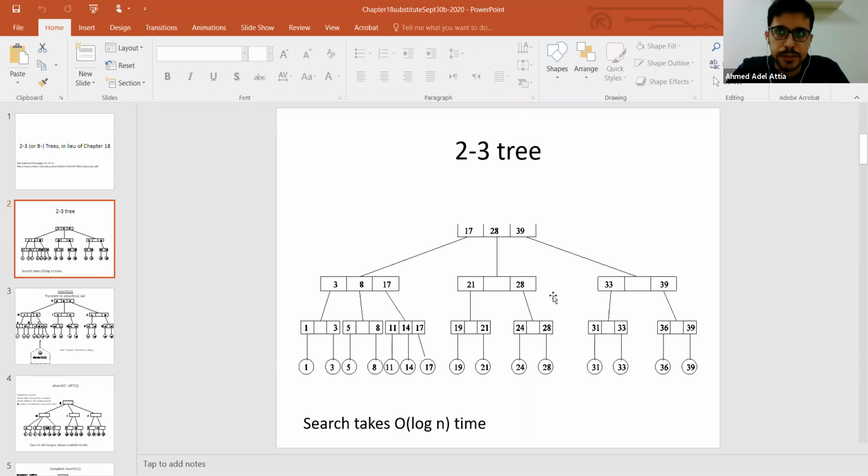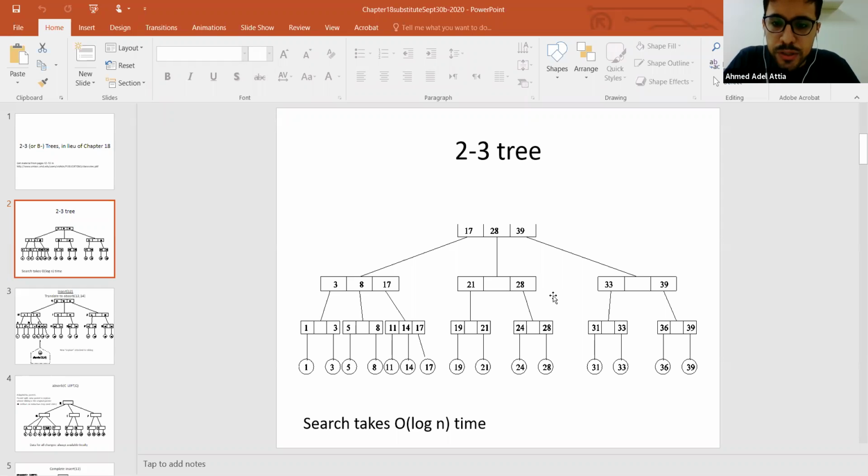But I can't see how, if all the paths from the root to the leaves are somehow equal, I don't see how they could contradict each other.